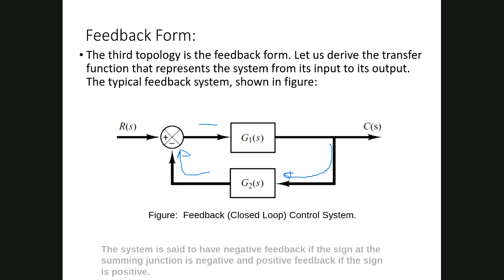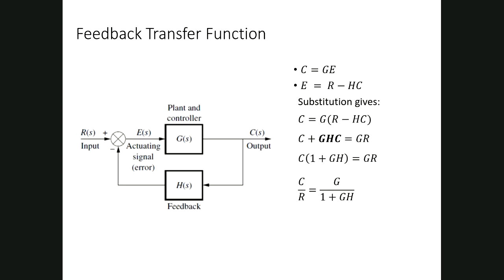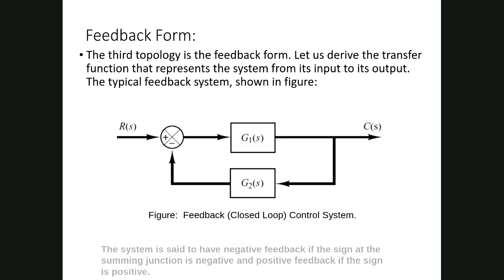Let's see how we can write the transfer function for this feedback. Maybe I should do it here, maybe it will be easier. So this signal C, we are taking the same signal here, so we have C going in here.